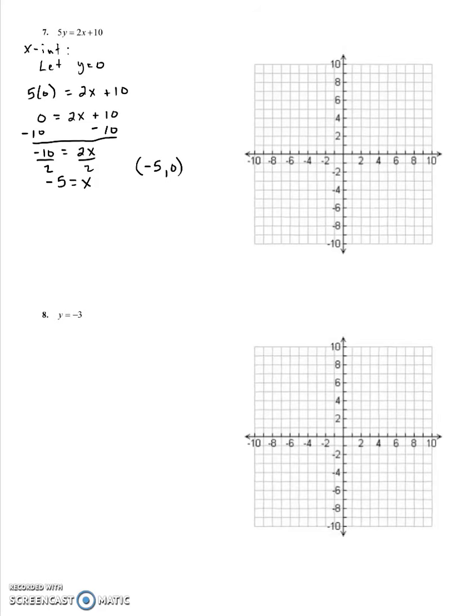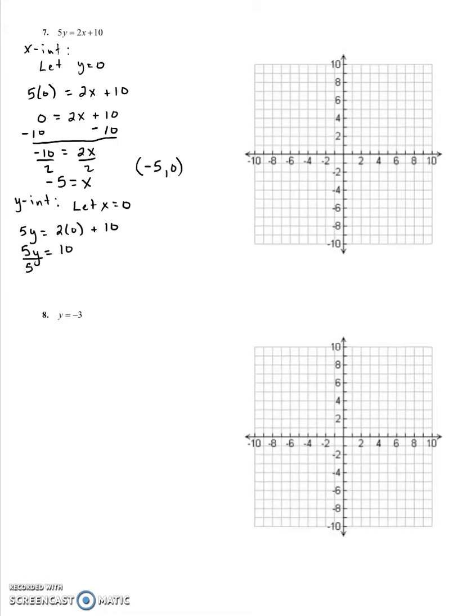Now let's do the y-intercept. And of course, that means we let x be 0. So we have 5y equals 2 times 0 plus 10, or 5y equals 10.